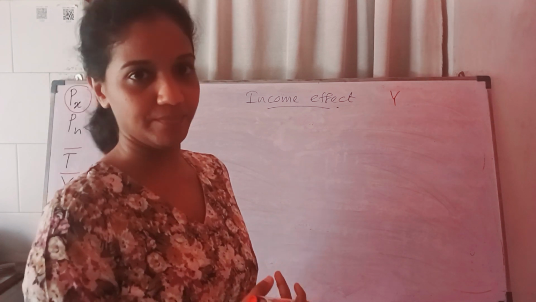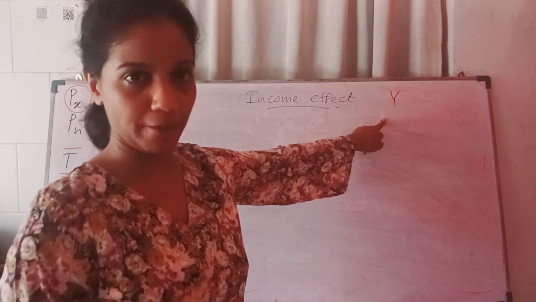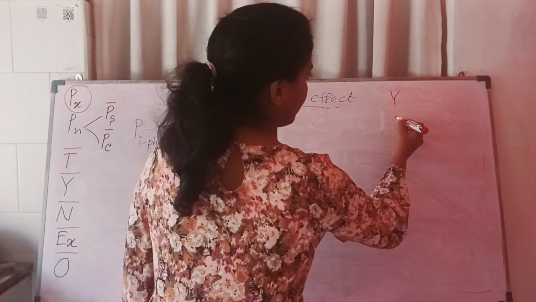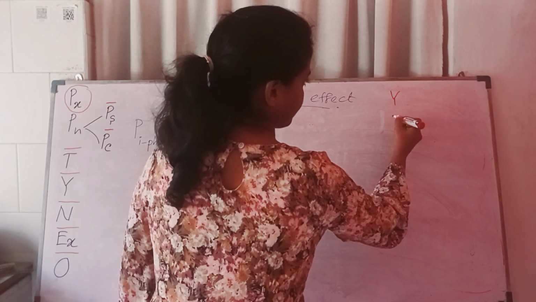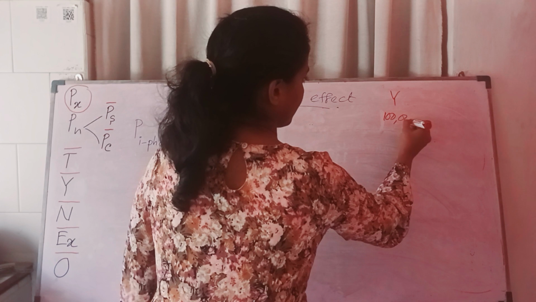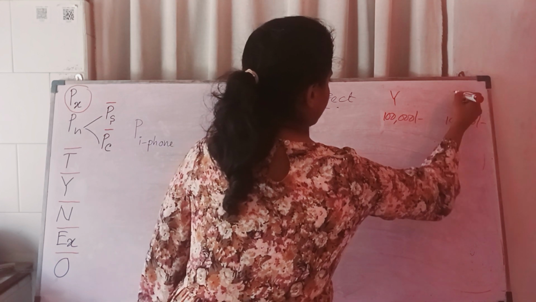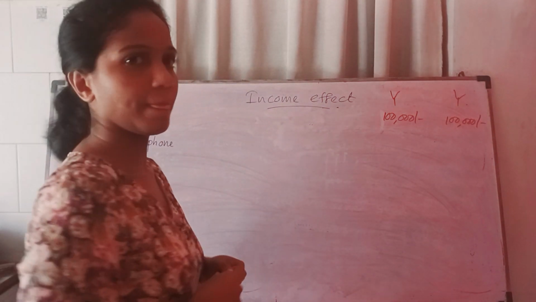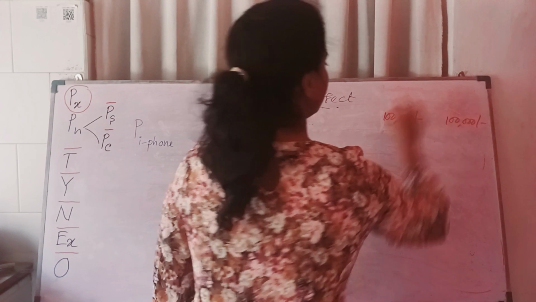The salary, yield. Y means yield, right? The nominal income should remain constant. Let's assume our nominal income is 100,000. Right? The nominal income is 100,000, children.